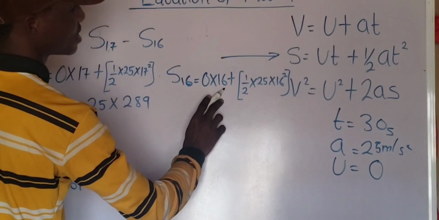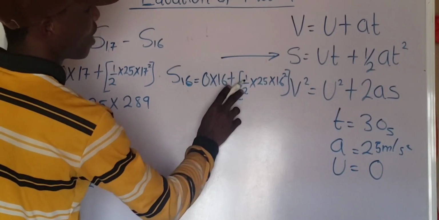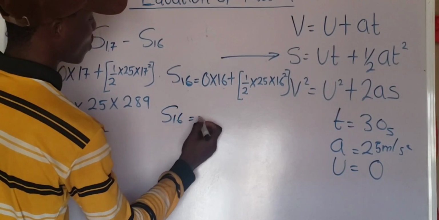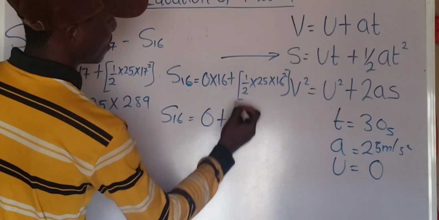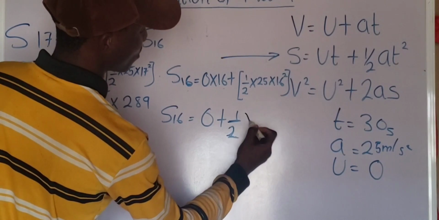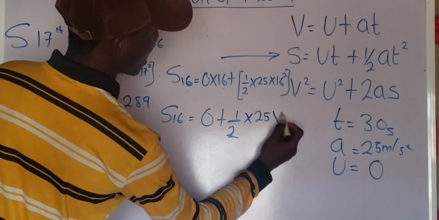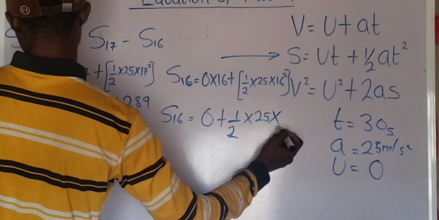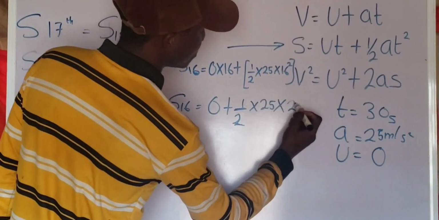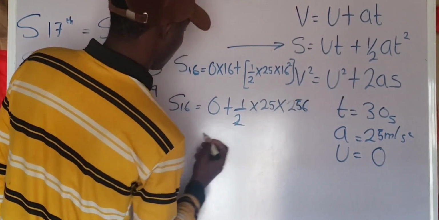U is 0. 16, that is the t now. So x16 is equal to 0 plus 1 over 2 multiplied by 25 times 16 squared. Okay, 16 squared is 256.